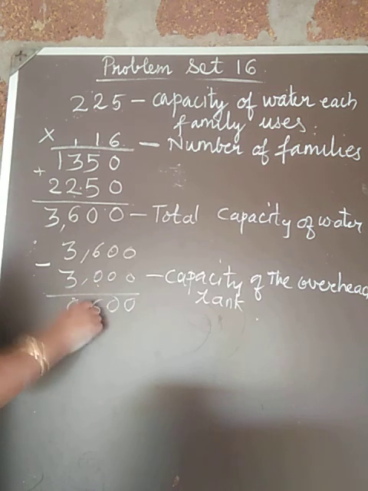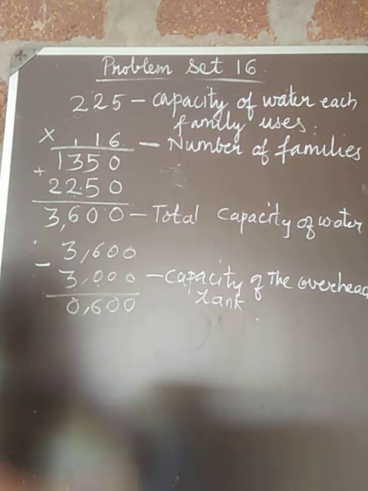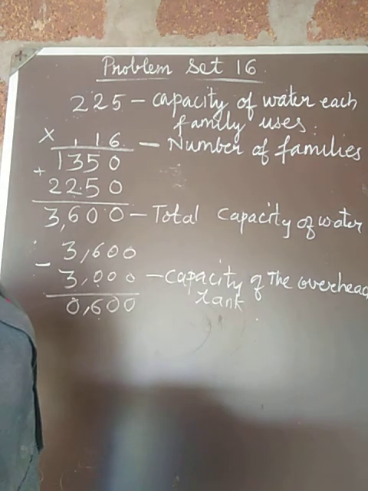So how much less water are they getting? They are getting 600 less. So what you will write now? According to the question, the water is not enough for all the families.